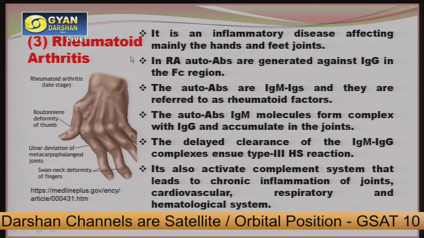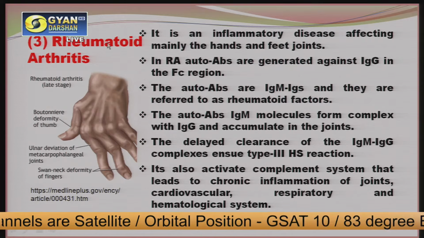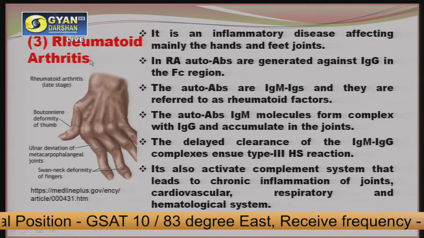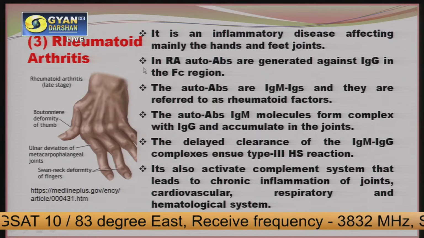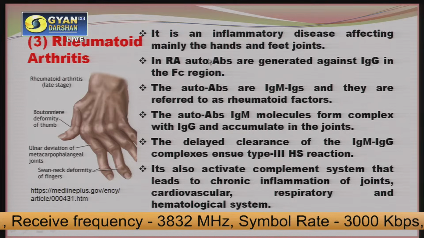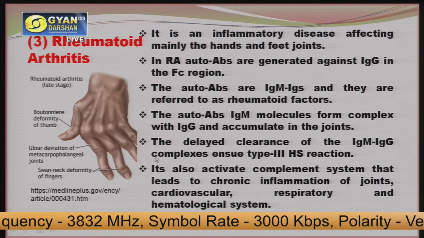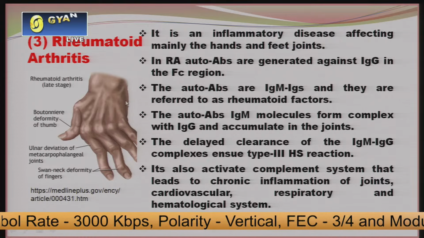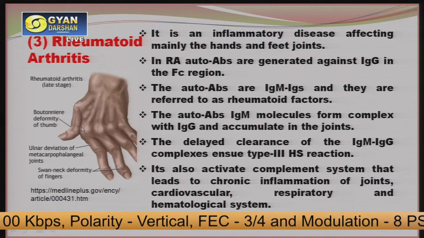The third one is another autoimmune disease known as rheumatoid arthritis. Again it is an inflammatory disease affecting mainly the joints of the hands and feet. You can see the arthritis here, rheumatoid arthritis.